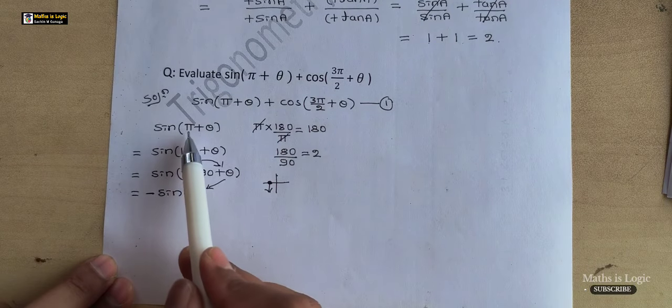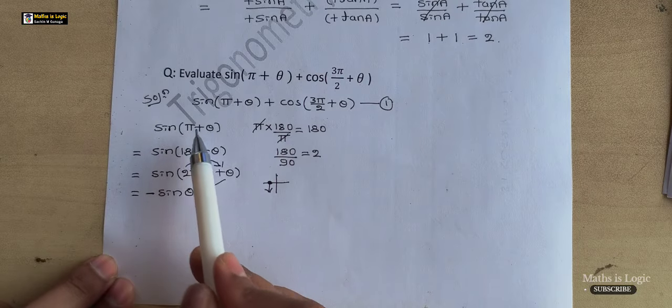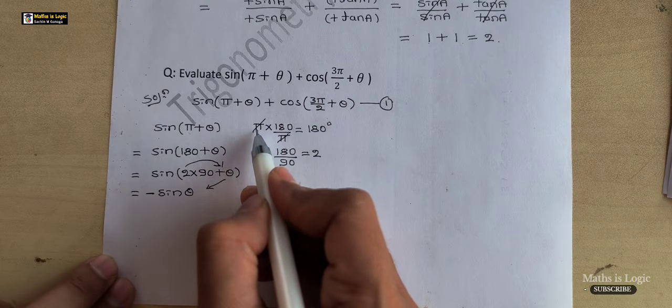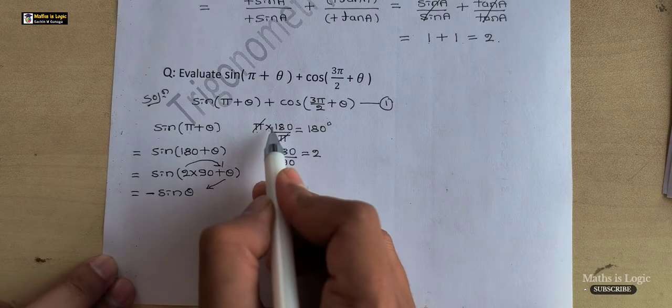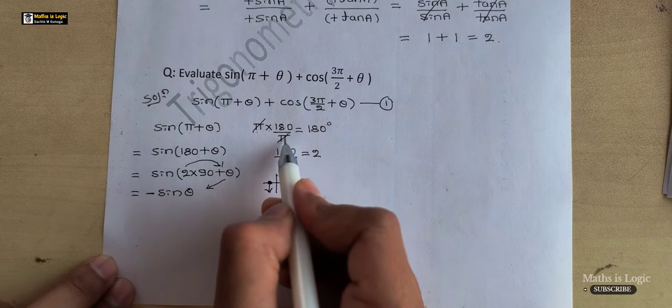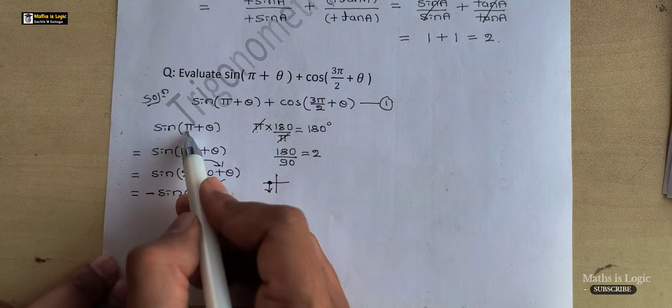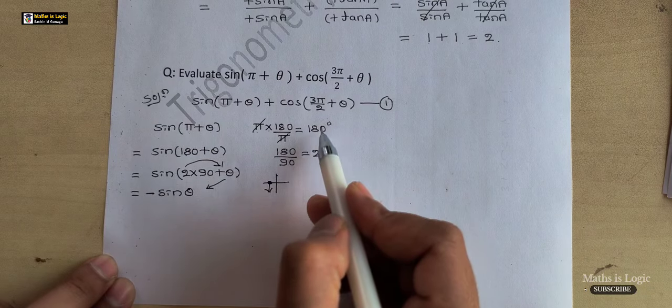So first take sine pi plus theta. Here it is in radian. So first step, convert this radian into degree. How to convert? For this given pi, multiply by 180 divided by pi. So cancel pi and pi. What is the remaining value? 180. Remember, pi radian means 180 degree.